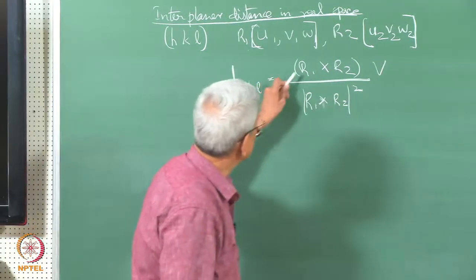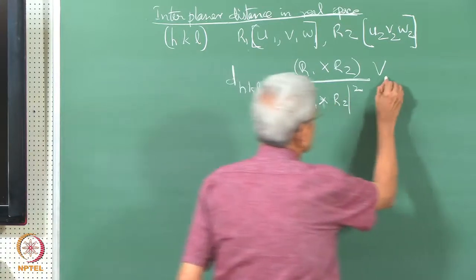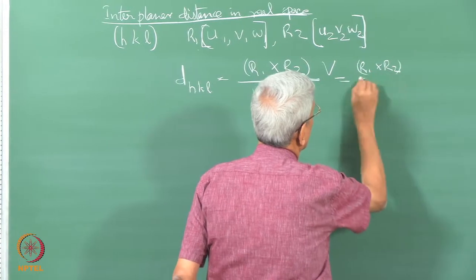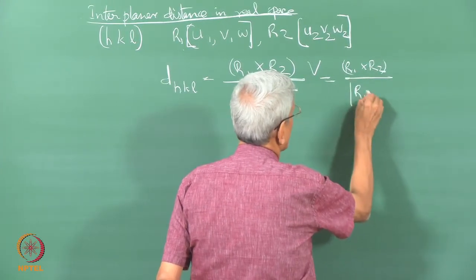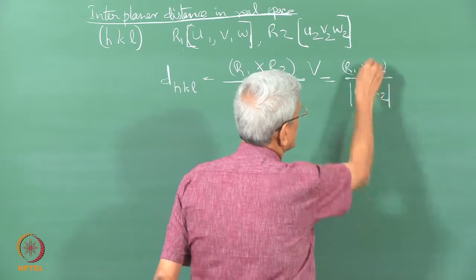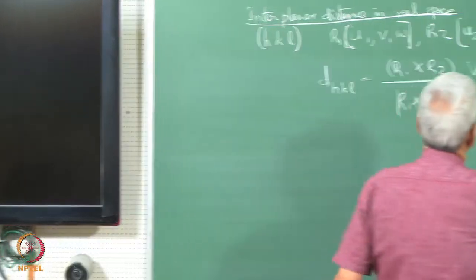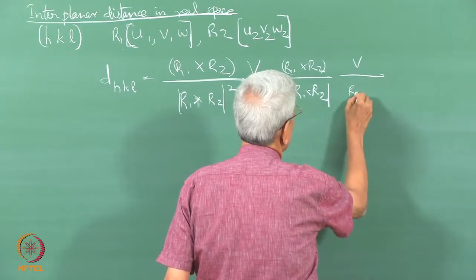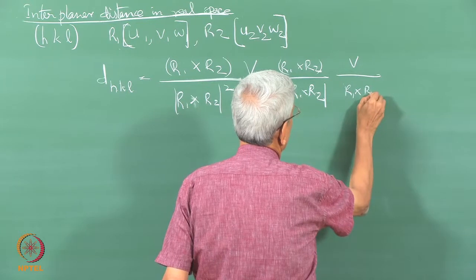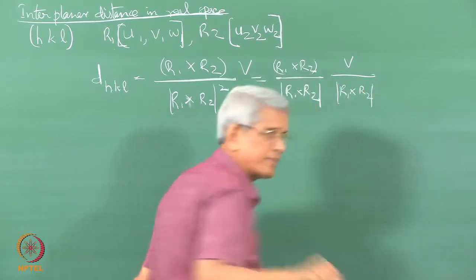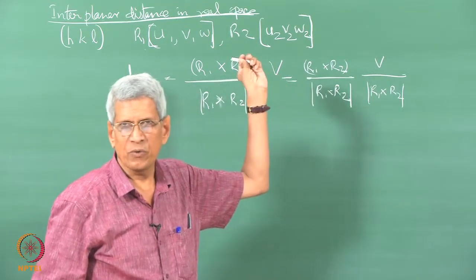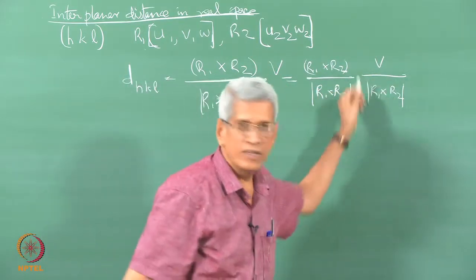Essentially, in fact, this is nothing but equal to R1 cross R2 by modulus of R1 cross R2. This gives the unit vector in this direction, the interplanar direction, and V is the volume divided by the magnitude of R1 cross R2, that is the area of the unit cell. So, that will give the distance equivalent, because this is essentially a scalar quantity.